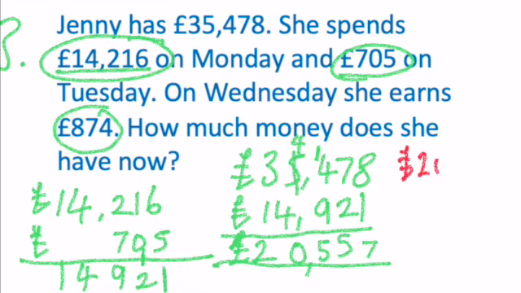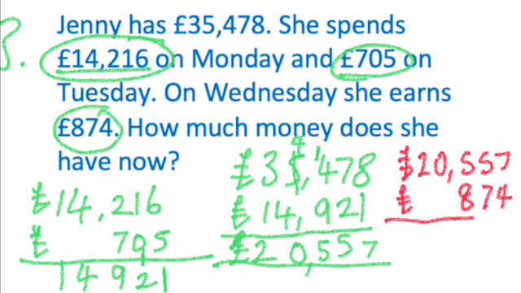So 20,557,874. Right, 7 add 4 is 11. Carry the 1. 7 add 5 is 12. 13.